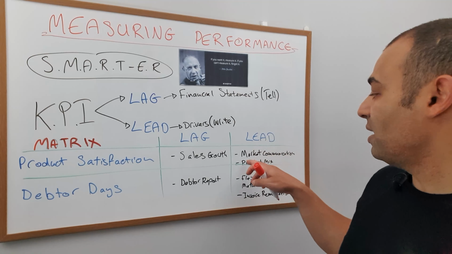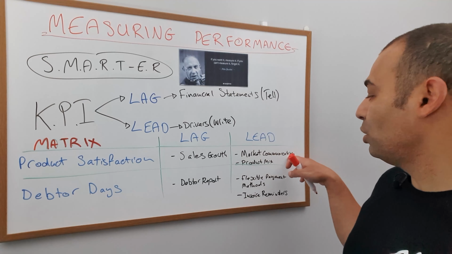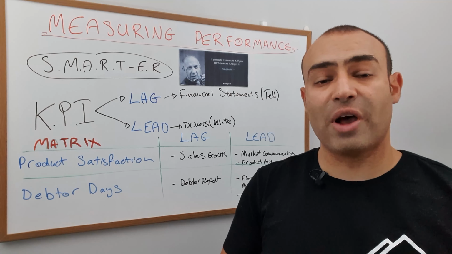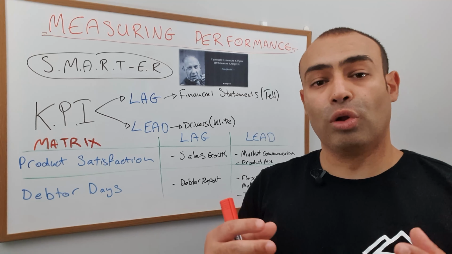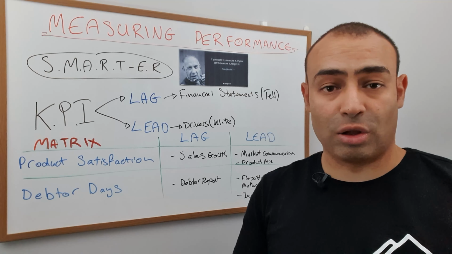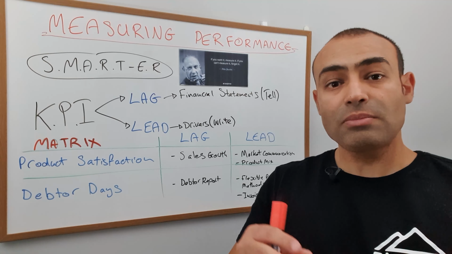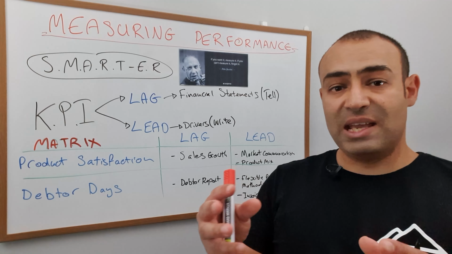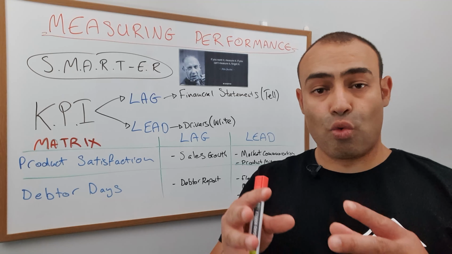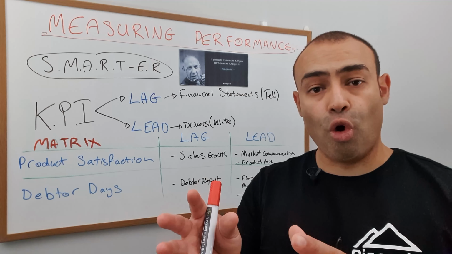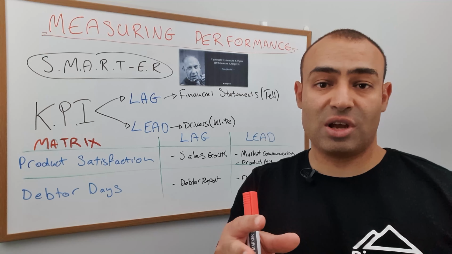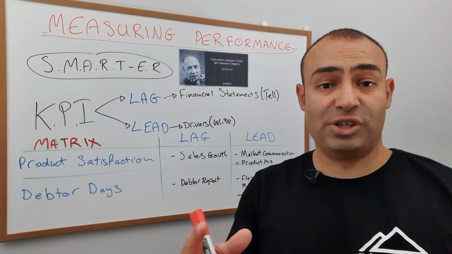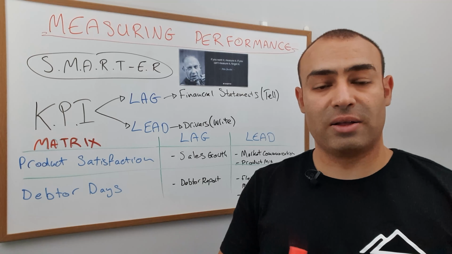The lead indicator here can be, what is our marketing communication? How are we communicating to the market? Are we communicating the value this product or service will provide to our clients and our customers? The thing we can also affect is the product mix. Is the service right by itself, or is it important to have that service with another service? For example, you might sell a fridge or you might sell a car.